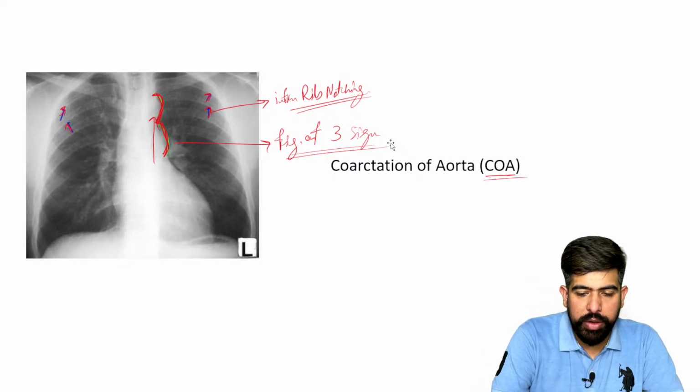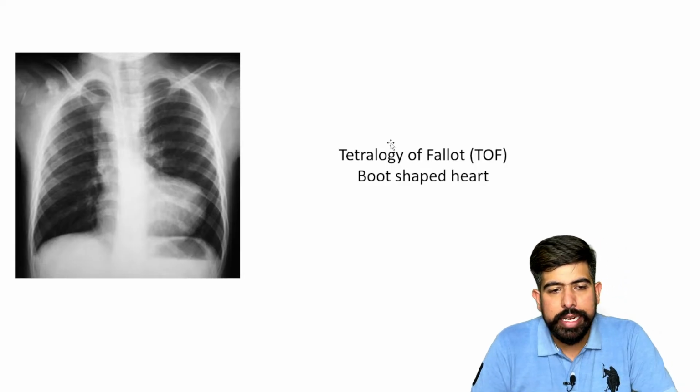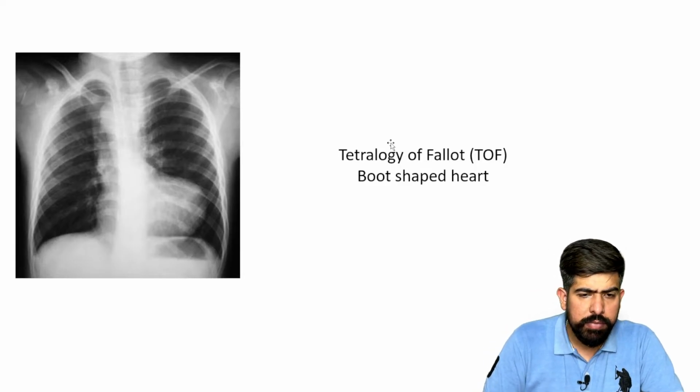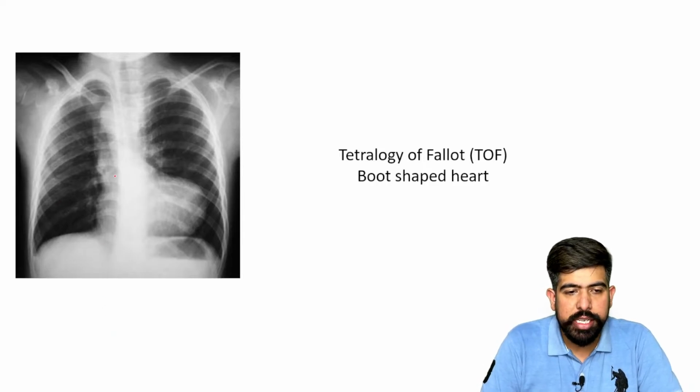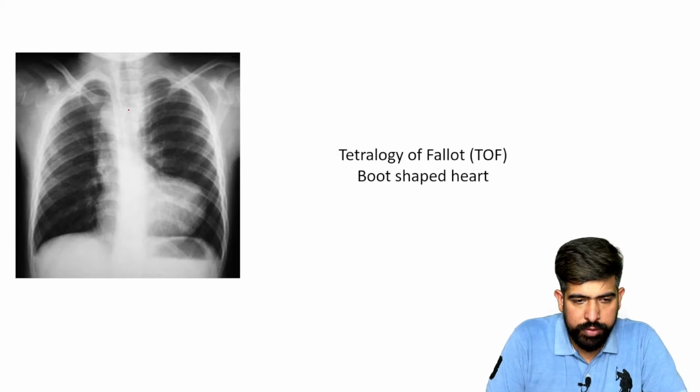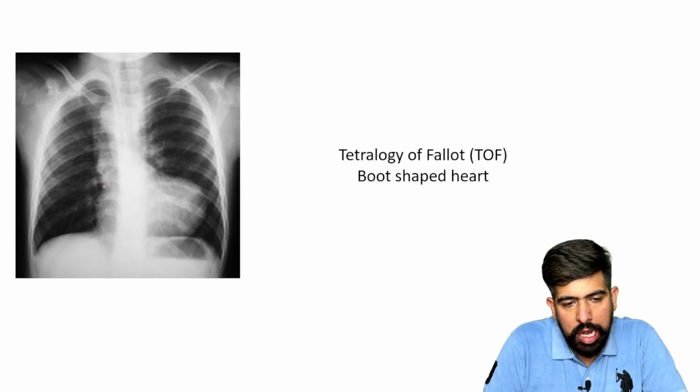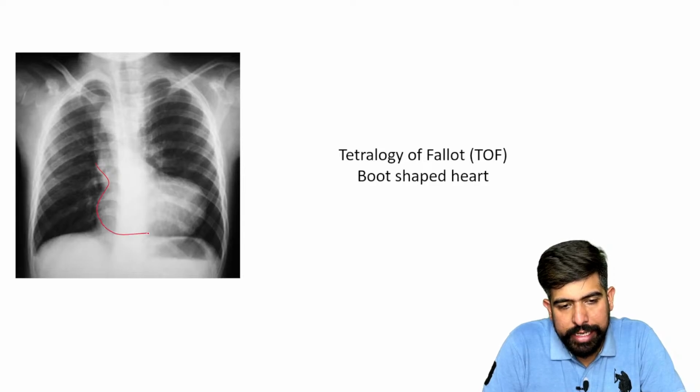Now, moving next. The next is seen here, right? What can you identify here? This is a picture of a child, and you can see the heart here. The heart shadow, which is seen on the X-ray, guys. This is the shadow of the heart.